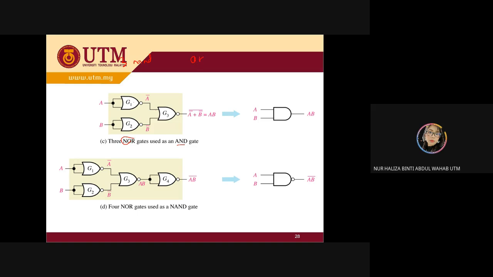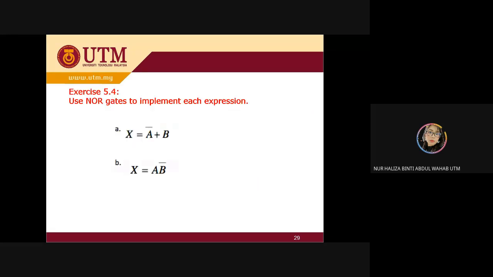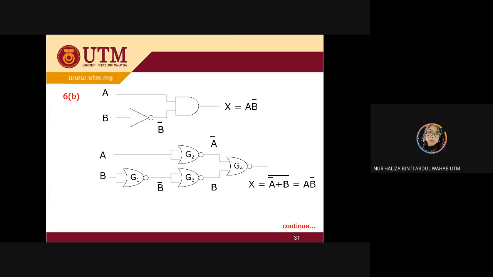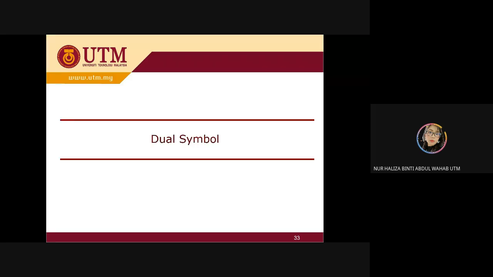And adding another NAND gate, which is 4 NAND gates, you will get a NOR gate. And for NOR gates, you will get a NAND gate. The way you represent, you need to remember the connection. There is also an example there. I will provide it in the video, which is basically similar.